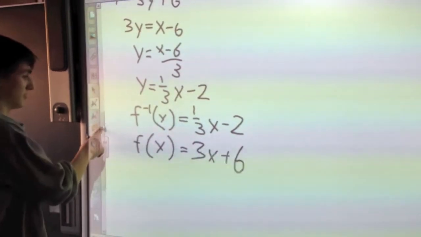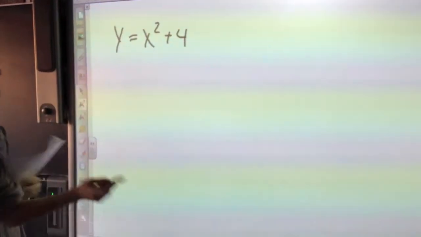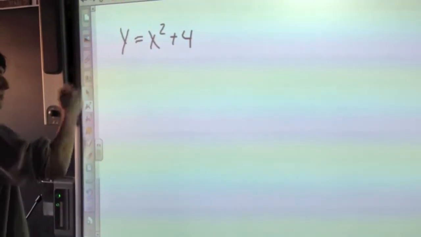But then there's other situations where it doesn't work out, which is, for example, here, because when you graphed this originally, this equation, it really didn't pass the horizontal line test because it went through it twice.